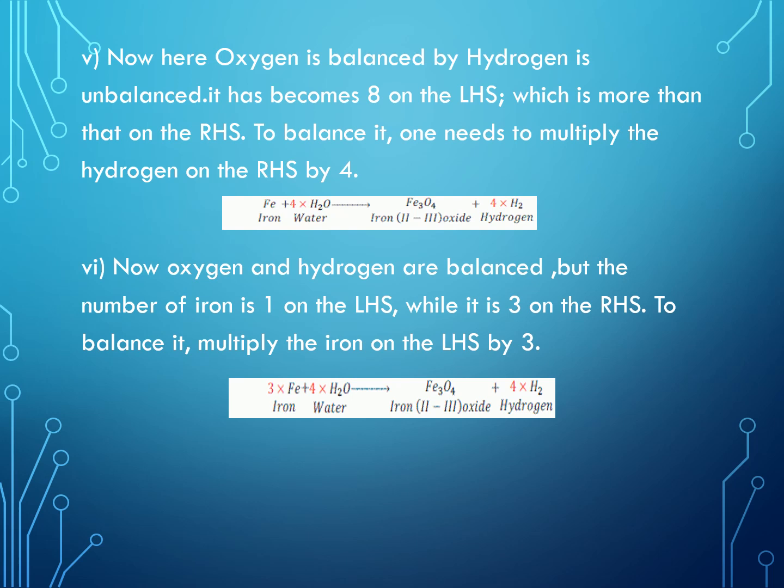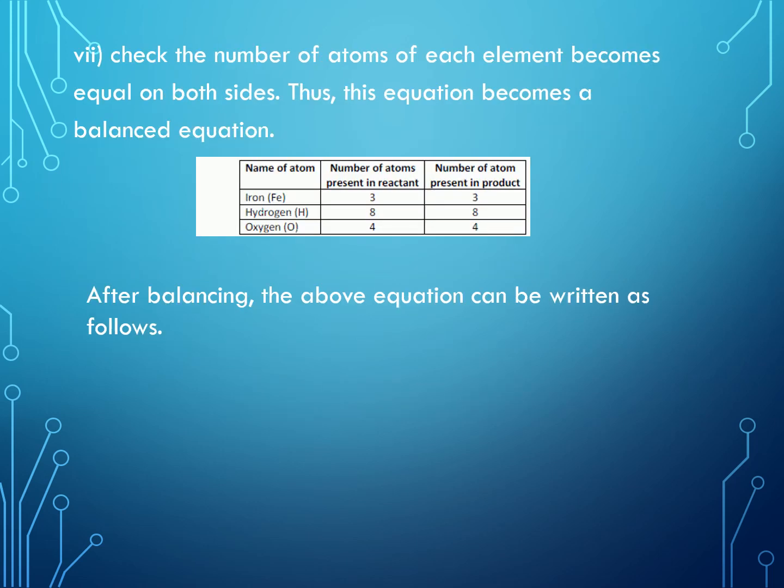One very important point in balancing an equation is, we can make changes in the coefficients of the atoms or molecules. We cannot make changes in the subscripts of atoms in a molecule or element.